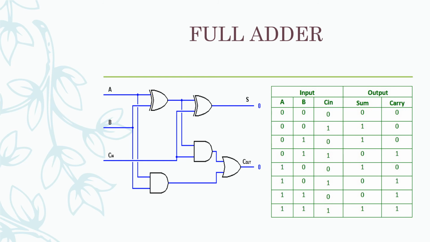Okay, so let us see the full adder truth table. Here we have 3 inputs, A, B and C input, and as output we have sum and carry output. This full adder is usually a component in a cascade of adders which adds 8, 16, 32 bit binary numbers.